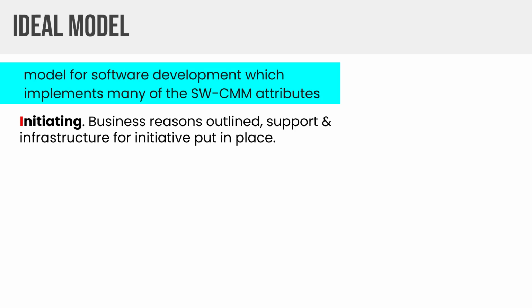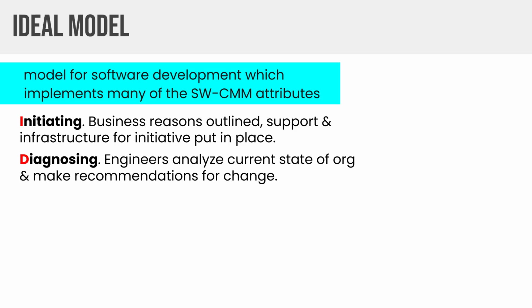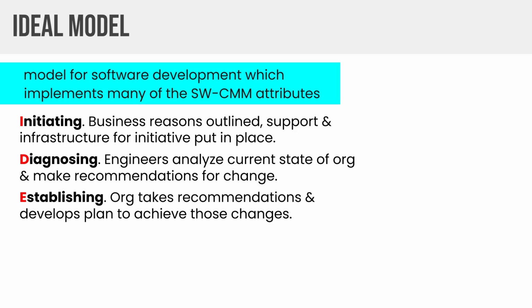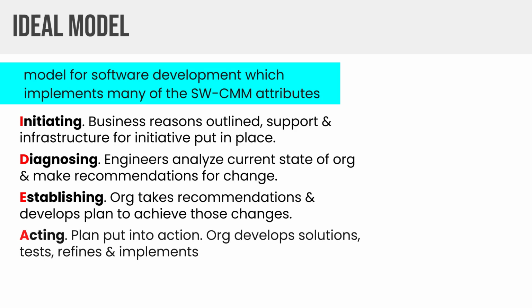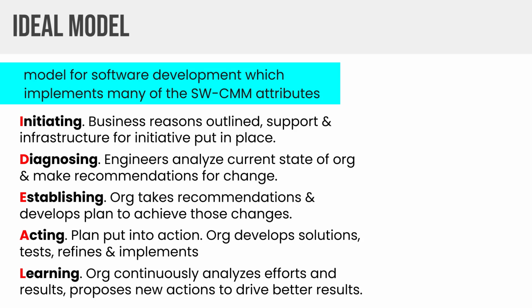So there's initiating, where our business reasons are outlined, support and infrastructure for the initiative are put in place. We have diagnosing, where engineers analyze the current state of the organization and make recommendations. We have establishing, where the organization takes those recommendations and they develop plans to achieve those changes. Acting, putting the plan into action. And learning, so the organization continuously analyzes their efforts and proposes new actions to drive better results.